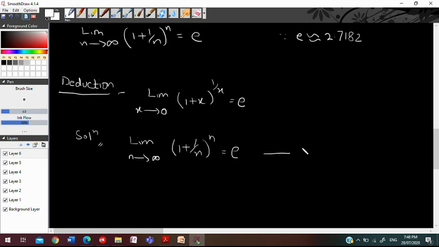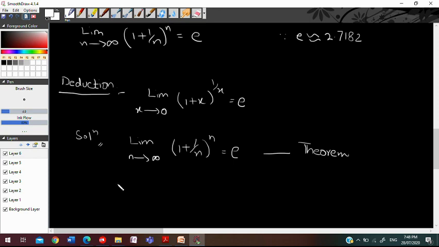This is the statement of our theorem, and we are going to prove this deduction of this actual theorem. Now, first, what we will do, we will use the substitution method.